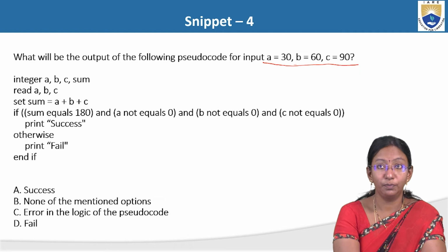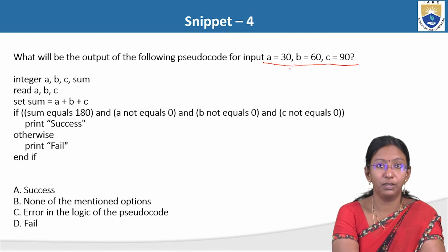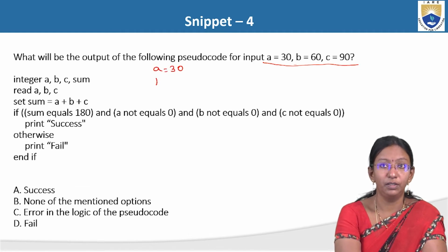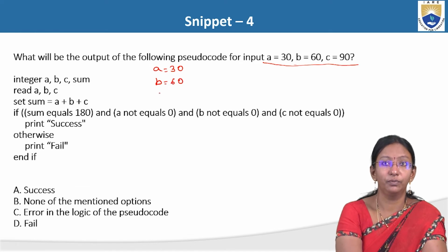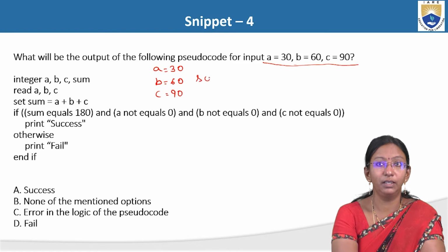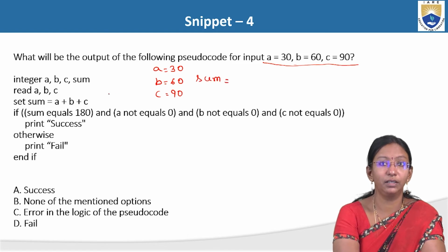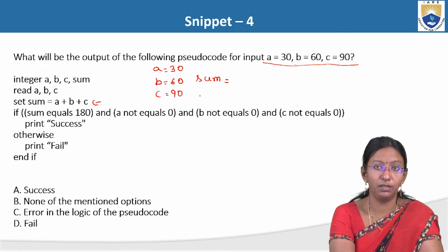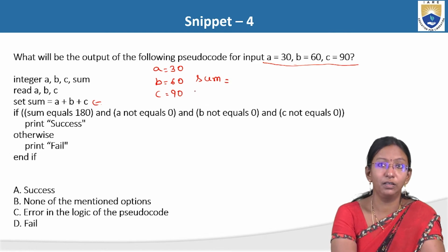They have read the values, but you have to use the input values given in the problem statement. Now in the memory I have A equal to 30, B equal to 60, C equal to 90, and after that in the evaluation they have taken sum as the summation of A plus B plus C, that is 30, 60, 90, so sum will be 180.